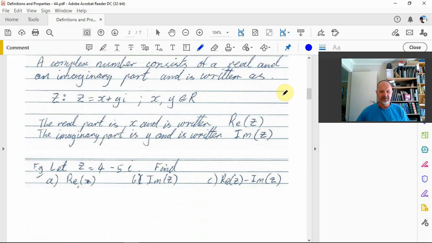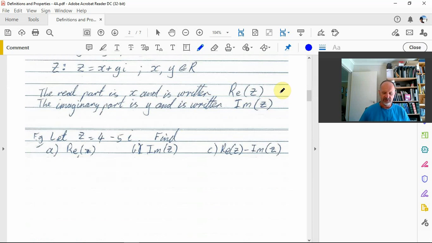So z equals 4 minus 5i. What's the real part of z? Well, the real part of z is simply 4. What's the imaginary part of z? The imaginary part of z is the bit with the i, and that's simply -5. Don't need the i, we already know it's the imaginary part because that's what we've been told here.